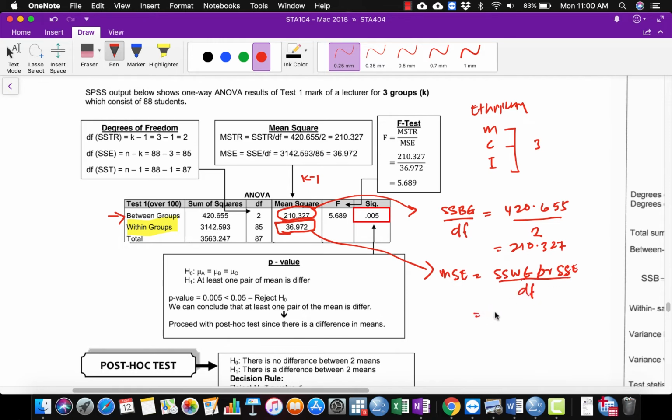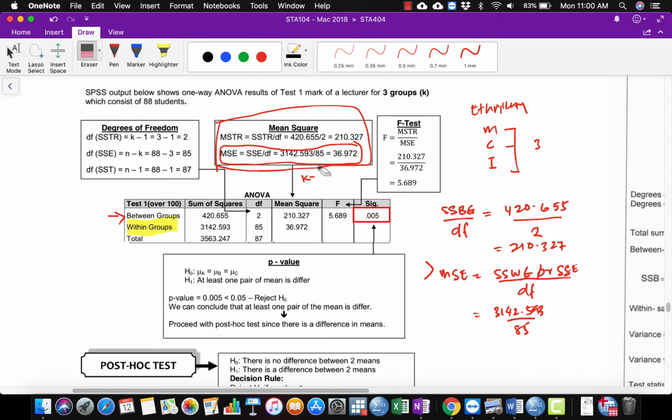So it's 3,142.593 divided by 85, and you get 36.972. So I already gave the calculation above the table, right? Are you clear with this one?